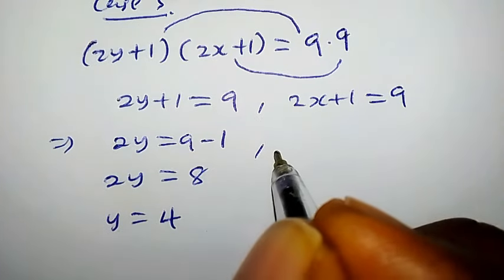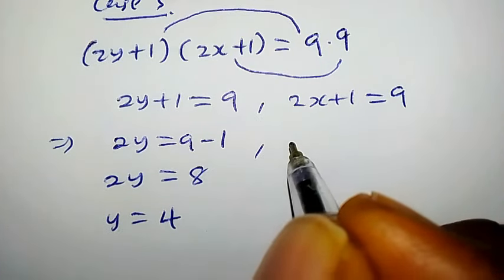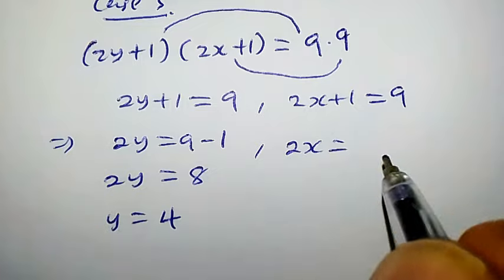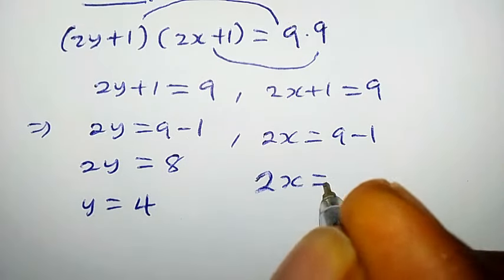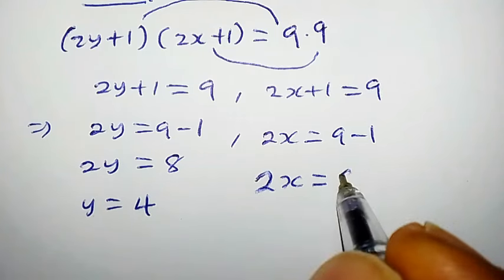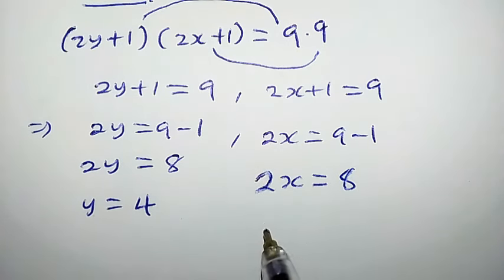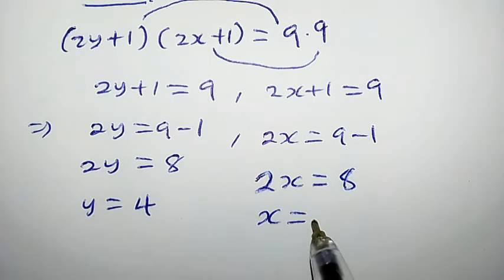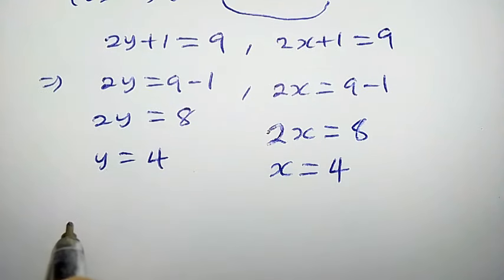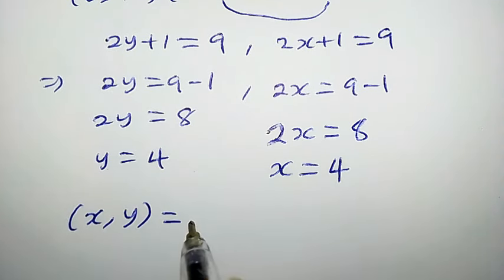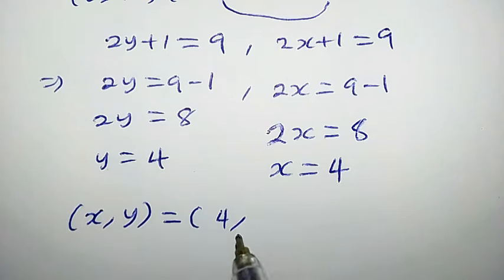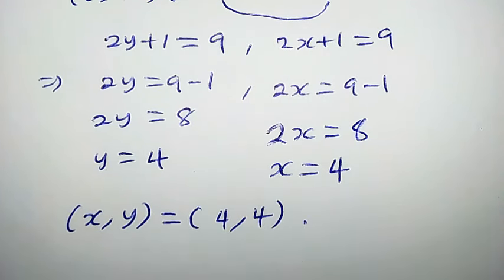Likewise for this, 2x is 9 minus 1. So 2x is equal to 8. Dividing both sides by 2, we have x equal to 4. Thus, the third solution, x comma y, is equal to x is 4 and y also is 4. This is the third solution.